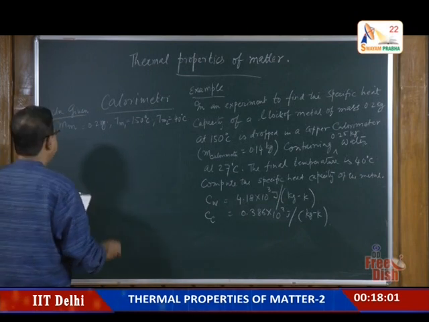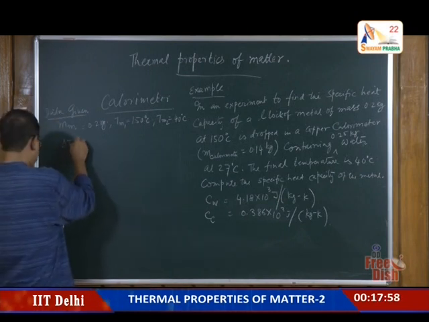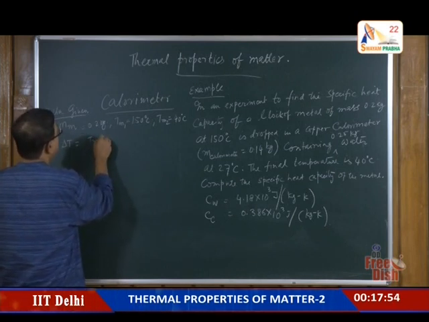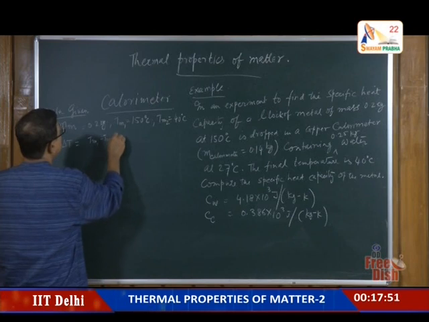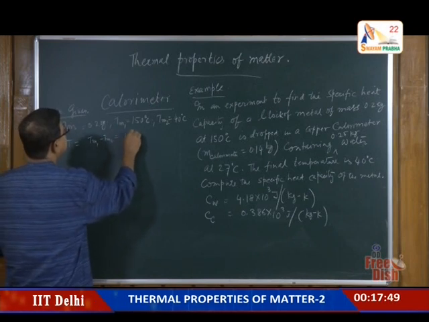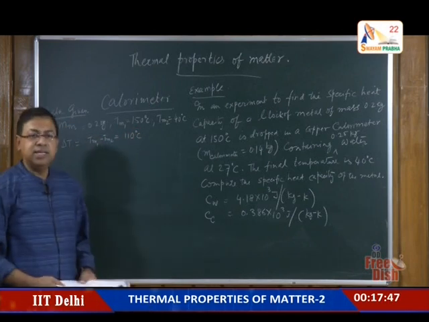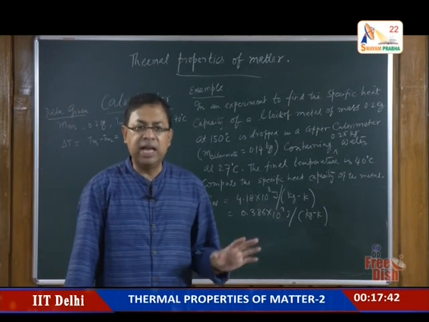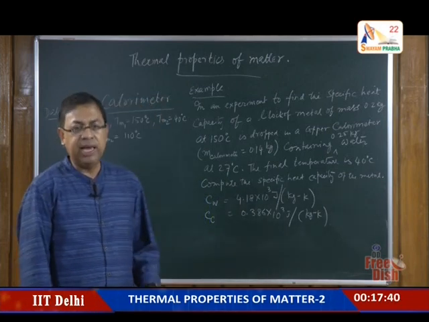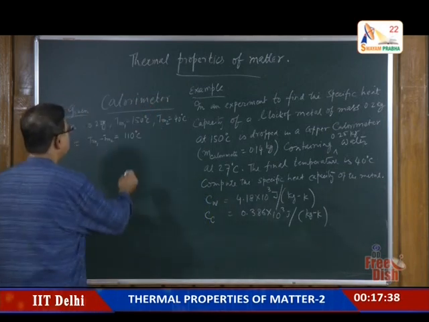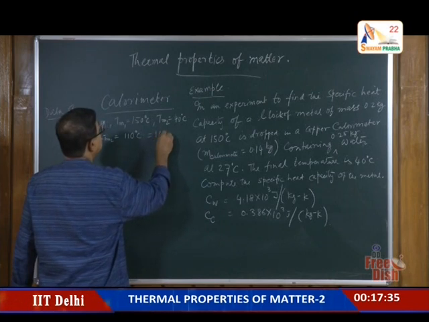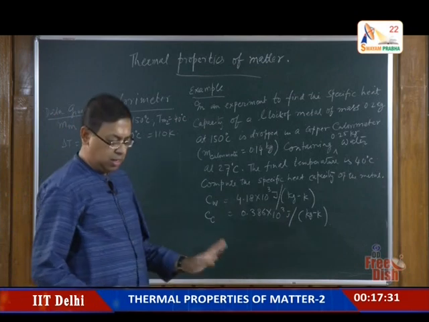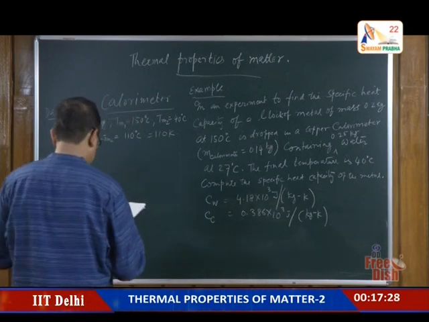All right. So, delta T is equal to Tm1 minus Tm2, which is equal to 110 degrees centigrade, and since 1 degree centigrade is the same as 1 division in the Kelvin temperature scale, we can simply call this 110 Kelvin. That is the temperature difference, the initial temperature minus the final temperature.